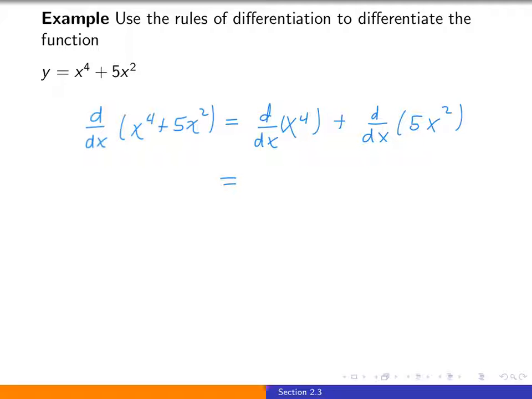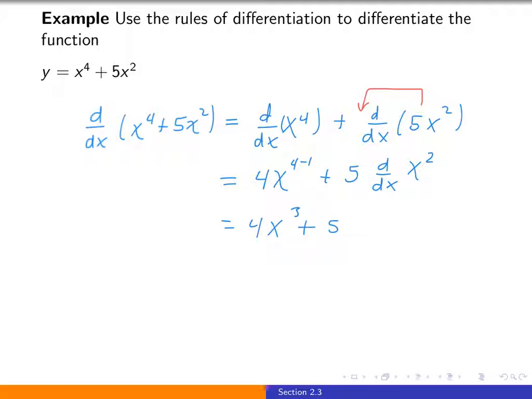You'd say it's x raised to the number 4, so we bring that power out front, and our new power is 1 less than 4. Before we apply the power rule in the second derivative, we note that 5 is a constant, and we can pull that in front of the derivative. So 5 times the derivative of x squared. So we have 4x cubed plus 5.